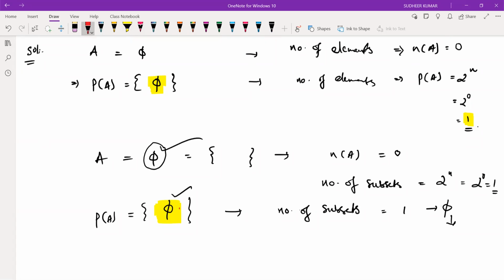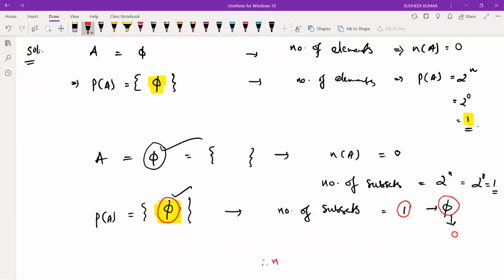So here 1 is fixed. The number of subsets is only 1. The subset is phi, which means the null set. How many elements are there in phi? 0.